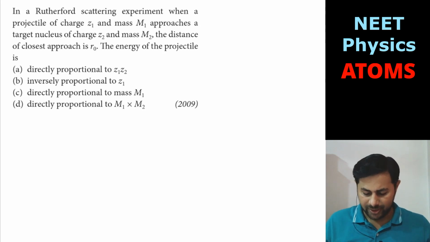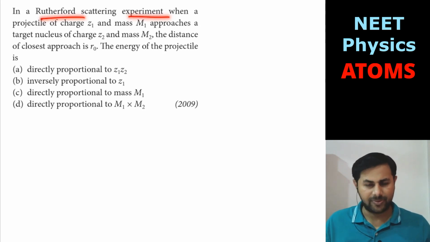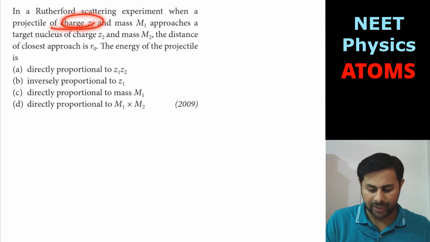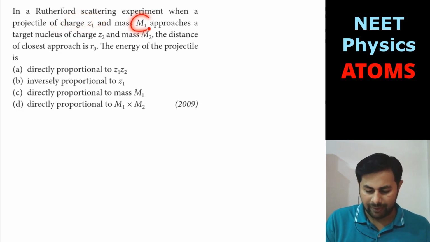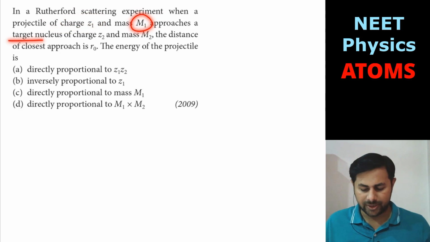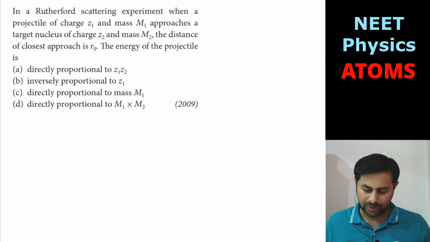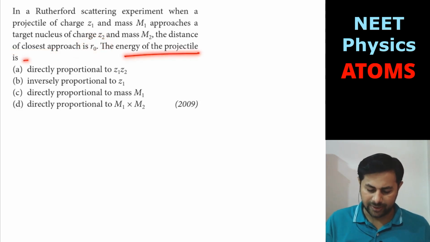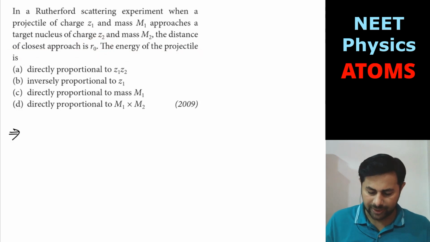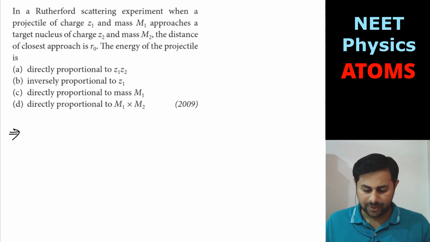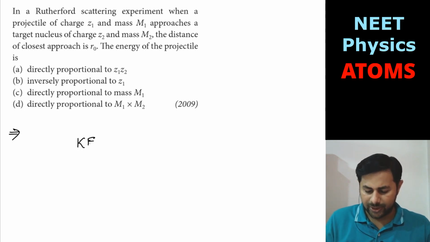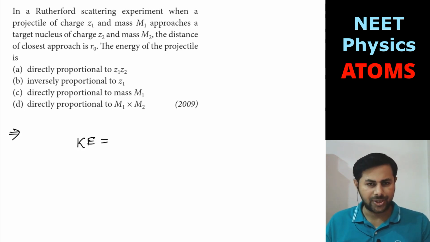Let's see the next one. In Rutherford scattering experiment, when a projectile of charge Z1 and mass m1 approaches a target nucleus of charge Z2 and mass m2, the distance of closest approach is. Okay, it's option A. The energy of the projectile is directly proportional to Z1, Z2. That's correct. So the kinetic energy of the projectile would be equal to the final potential energy of the projectile and the nucleus.